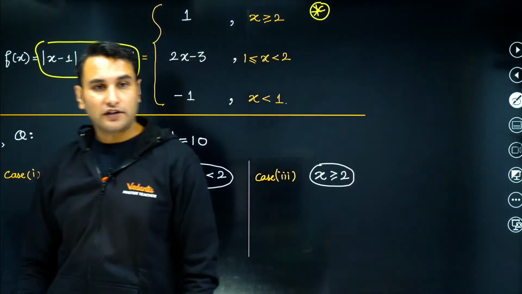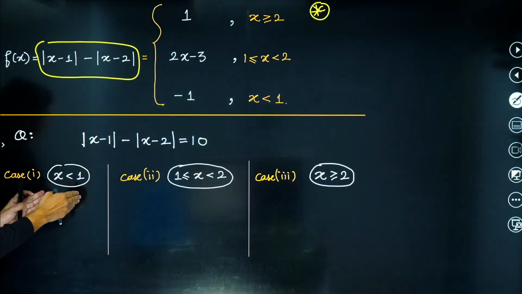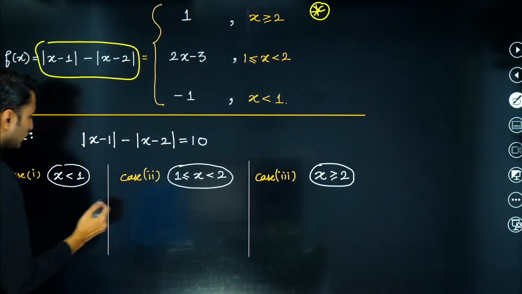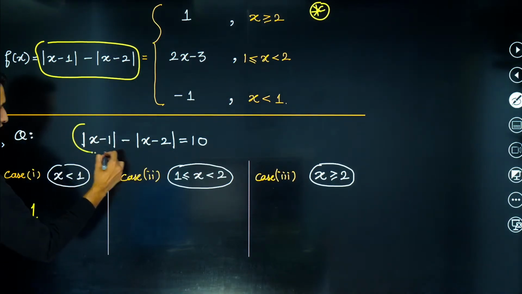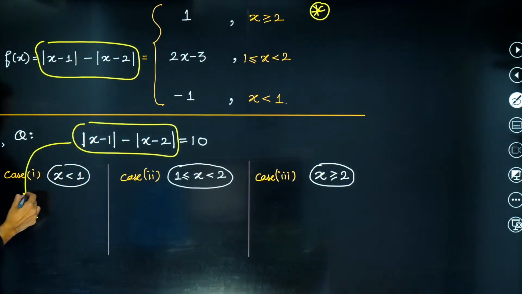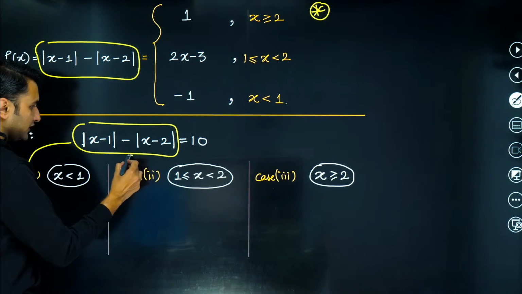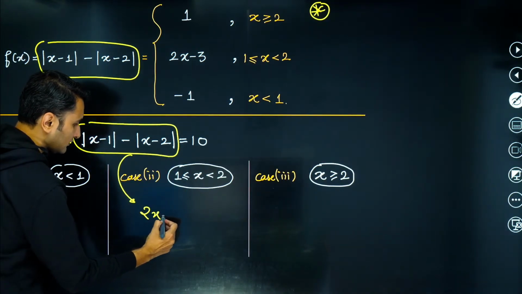Let's solve. So this thing for x less than 1 is actually 1. So the question converts into the left hand side. The left hand side actually is 1, and in this particular case the left hand side is 2x minus 3.